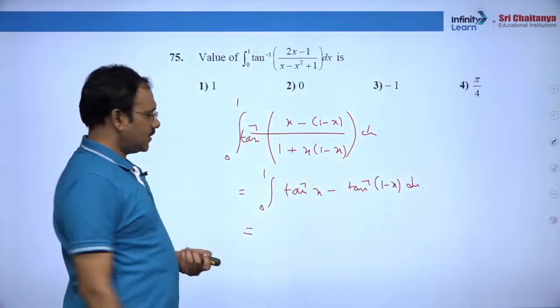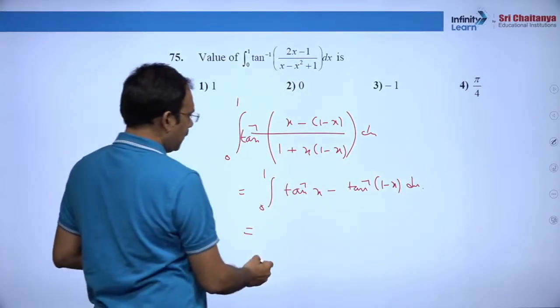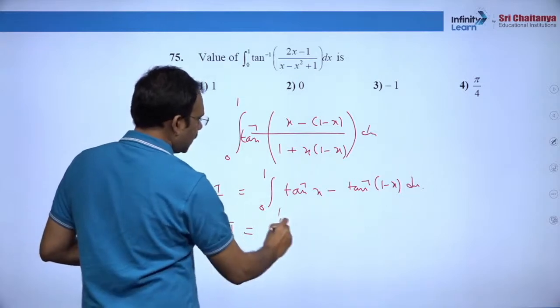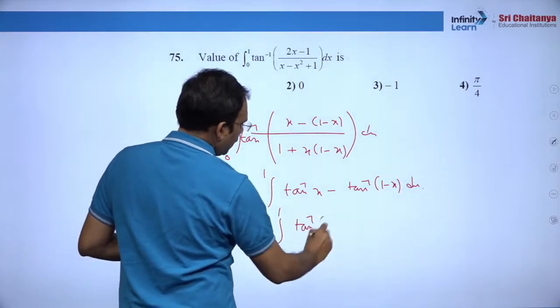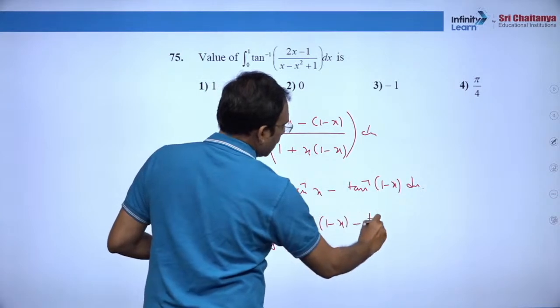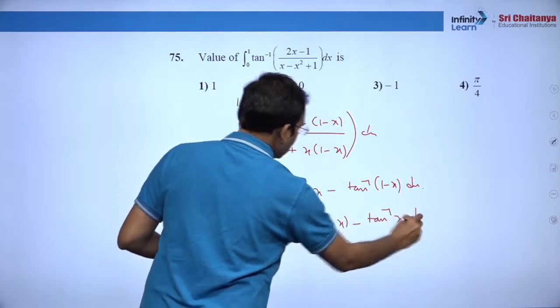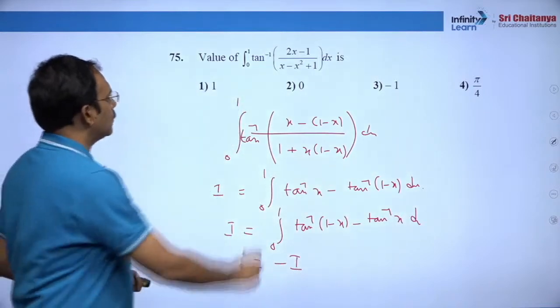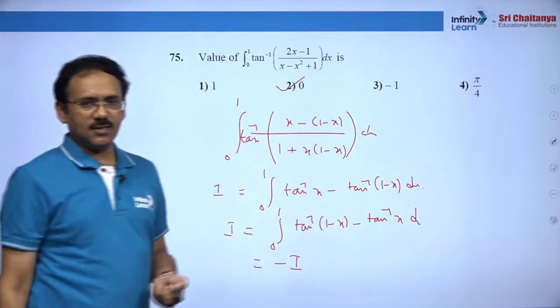In fact both are the same. If this is I, you just apply the basic property, you will get integral 0 to 1 of tan inverse (1 minus x) minus tan inverse x dx. Both are the same with minus of minus I. 2I is equal to 0, so I must be 0, my dear friends.